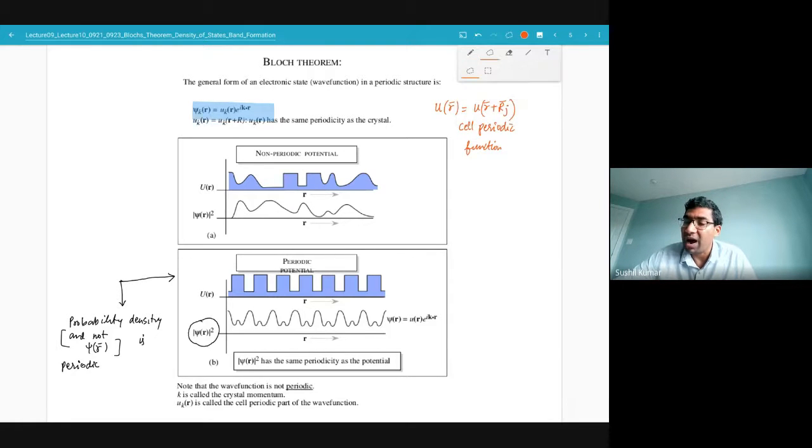There is some arbitrary k that we use to describe this wave function. That's why you see a subscript k. You can call it a label. But Bloch's theorem does not solve the problem. It only gives you the nature of the wave function, how it should look. It has a periodic part and a phase factor.